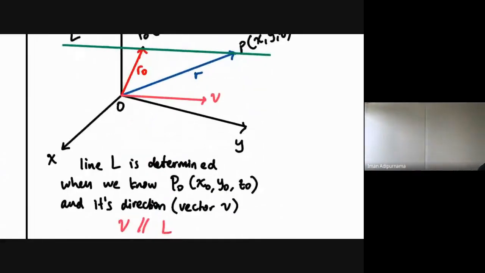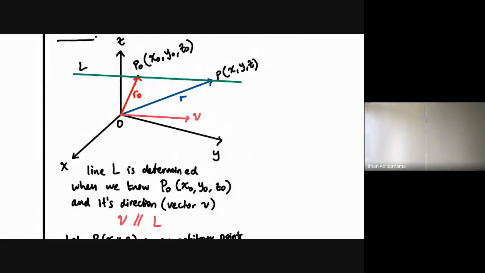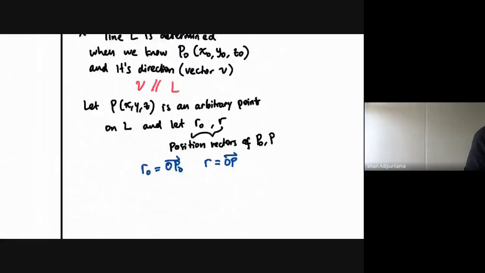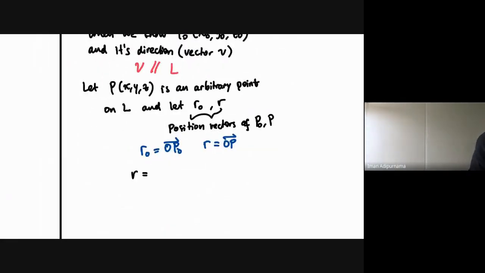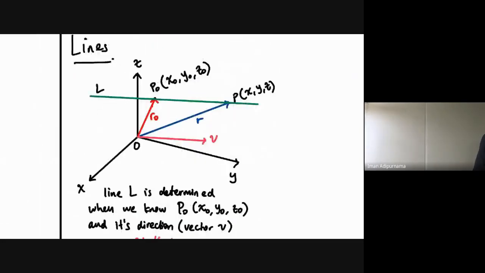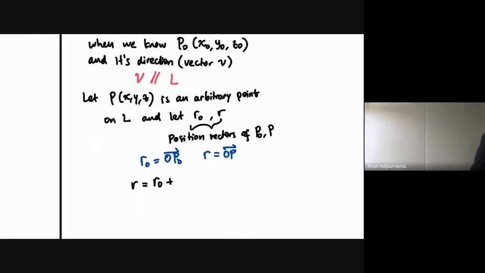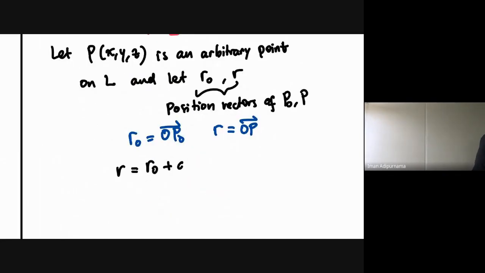If you look at these graphs here, when we use the triangle of R and R0, we have R is R0 plus this vector, the green one. Let's say the vector from P0 to P is A. So R is R0 plus A.